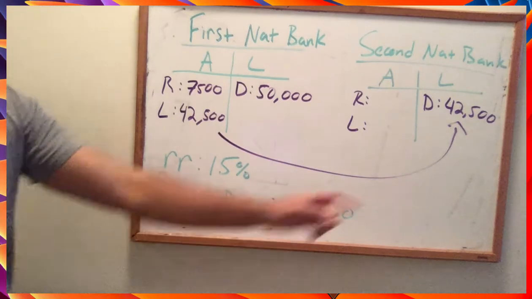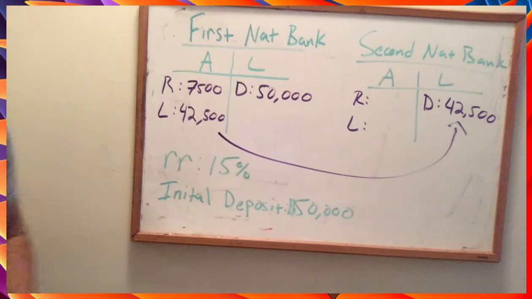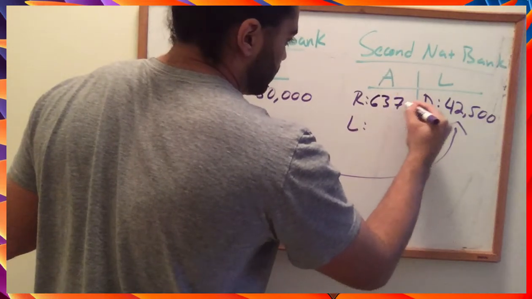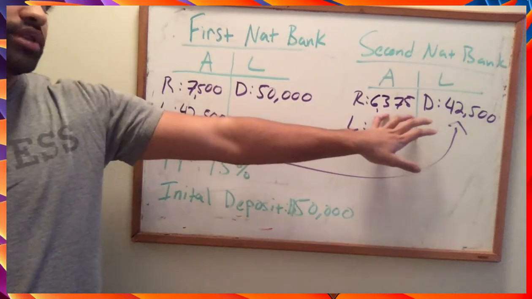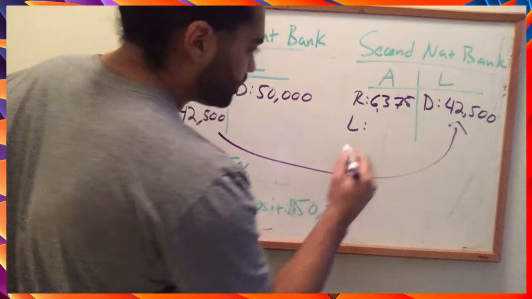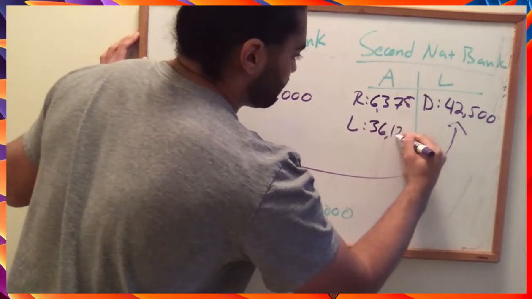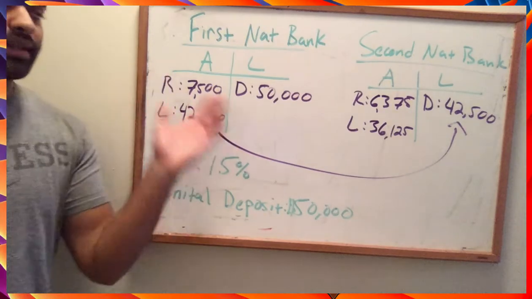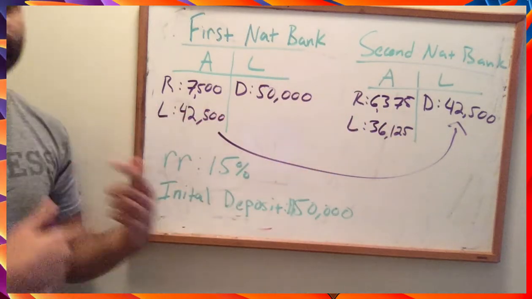Okay, so now it's going to be $42,500 multiplied by 15%, and from there, what you're going to get is $6,375, and from there, you're going to subtract $6,375 from $42,500, and you should get $36,125. So this is basically the setup. I could tell you to do this for up to 7 national banks. Again, it's just the same process over and over and over again.